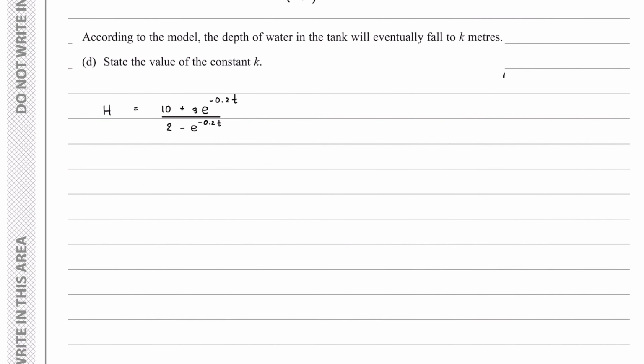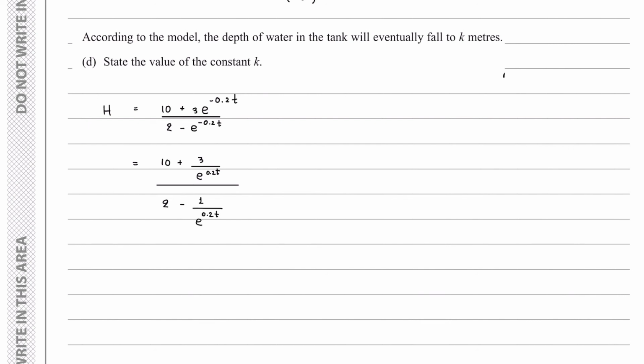Here is part D. According to the model, the depth of water in the tank will eventually fall to k meters. We have to find the value of the constant k. They said eventually, that means when the time goes by for so many days, we can assume that the time approaches infinity. So we can rewrite this one as 10 plus 3 divided by e to the power of 0.2t, over 2 minus 1 over e to the power of 0.2t.